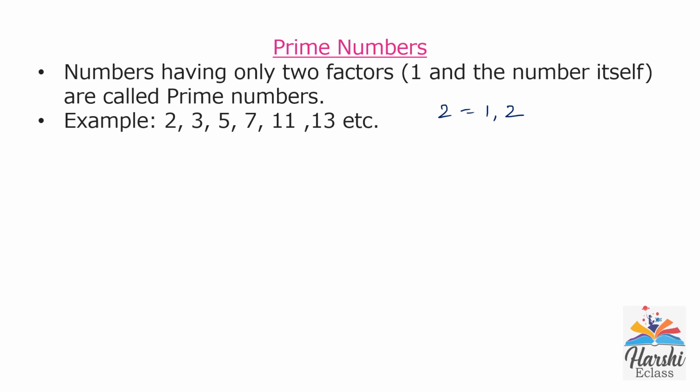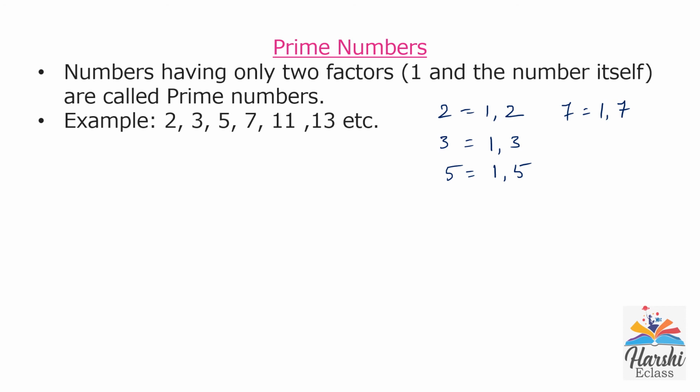So the factors of 2 are 1 and 2. 3: 1 threes are 3, 3 ones are 3. 5 also has two factors, that is 1 and the number itself. 7: 1 sevens are 7 and 7 ones are 7. Those numbers which have only two factors, that is 1 and the number itself, are called prime numbers.